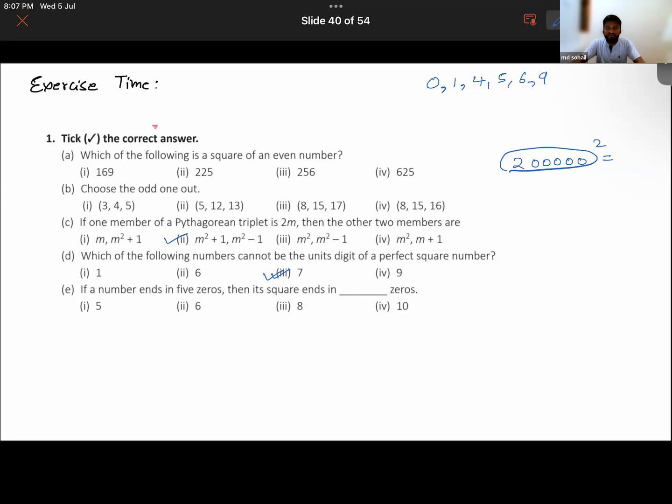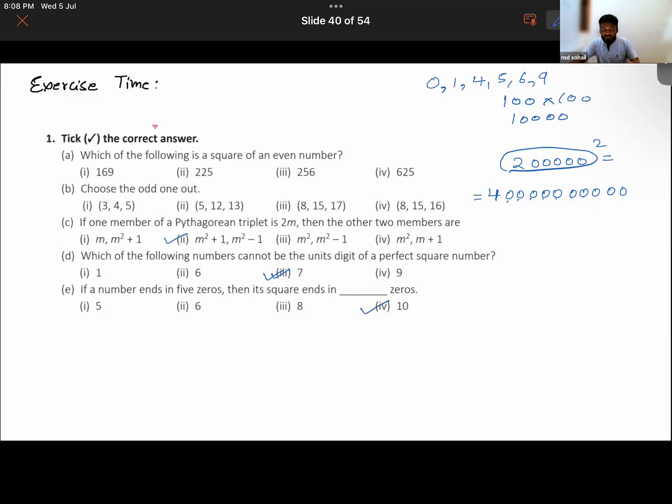It is pretty easy here. You will see the number of zeros is going to be 10. Right, guys? Just like how we multiply 100 and 100, we simply write 1 and then 4 zeros after it. So option number 4 is the right answer.